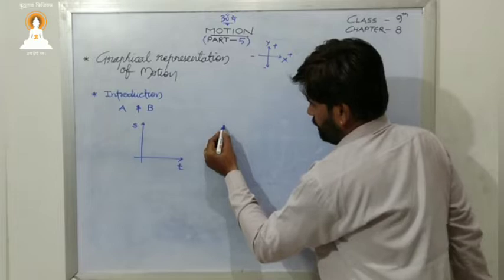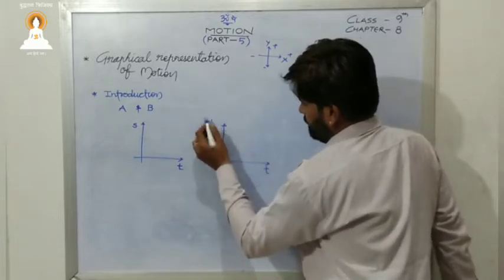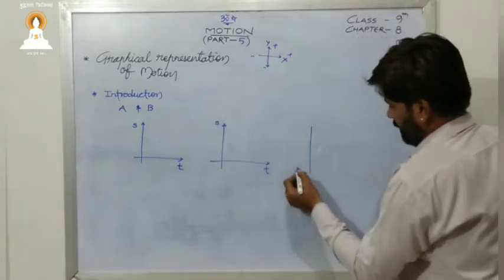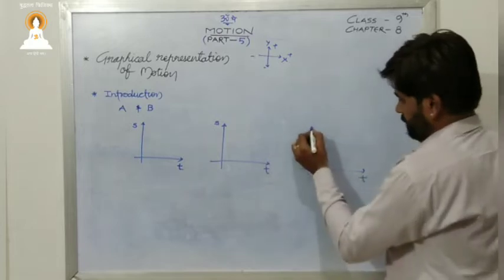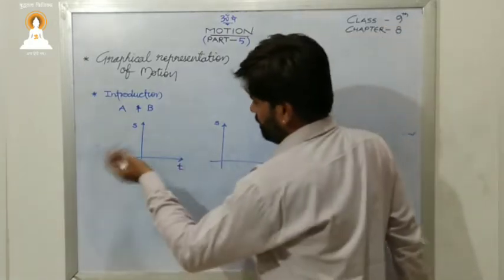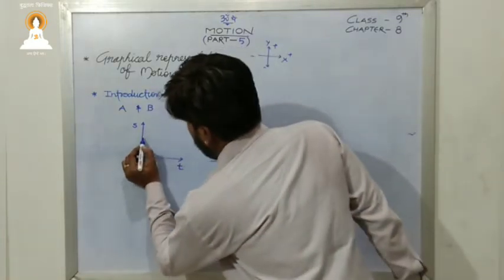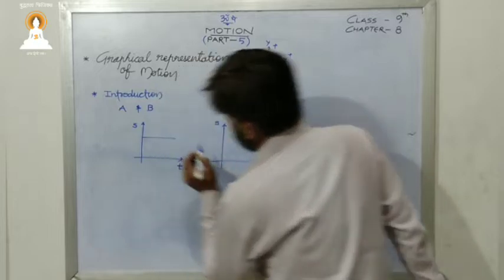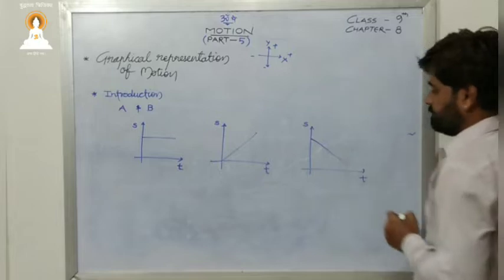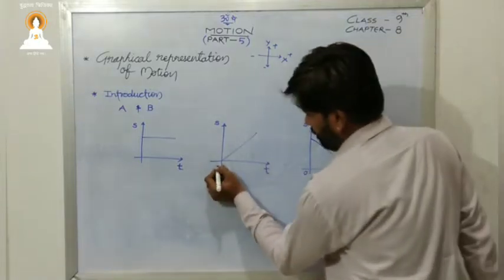This is time, this is distance. At random I am going to make lines. One line I have drawn like this, one like this, one like this. I do not even know what is going on there, but we will analyze.